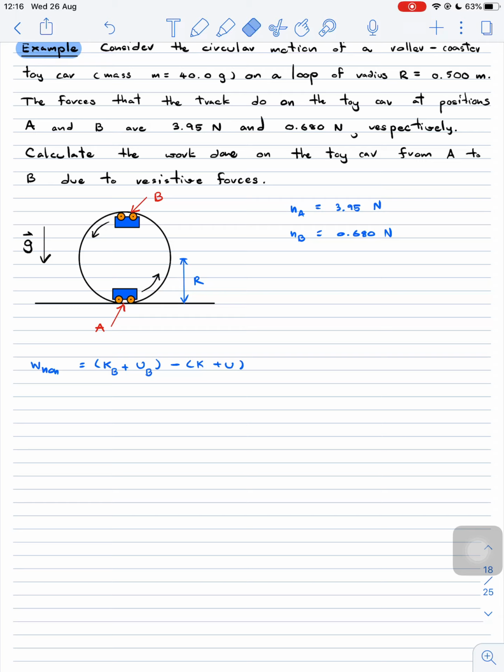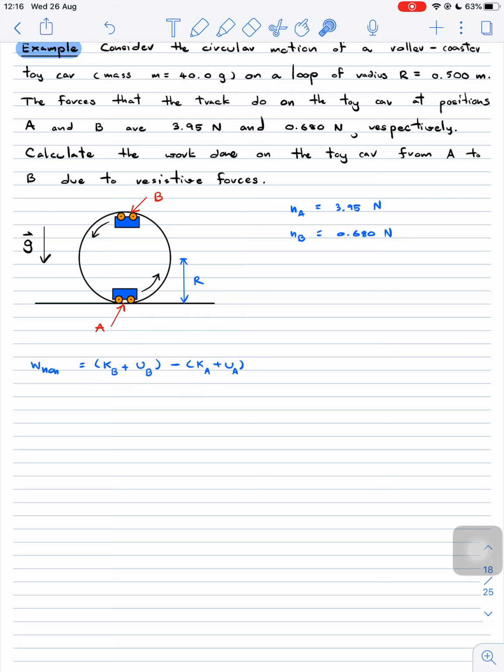So let's change from 1 to be A. That's it. We just want to find the work done on the toy car from A to B due to the resistive forces. So it means that we just want to find the work done by the non-conservative force, and that's it. How can we solve this? We need to find KB, UB, KA, and UA, right?